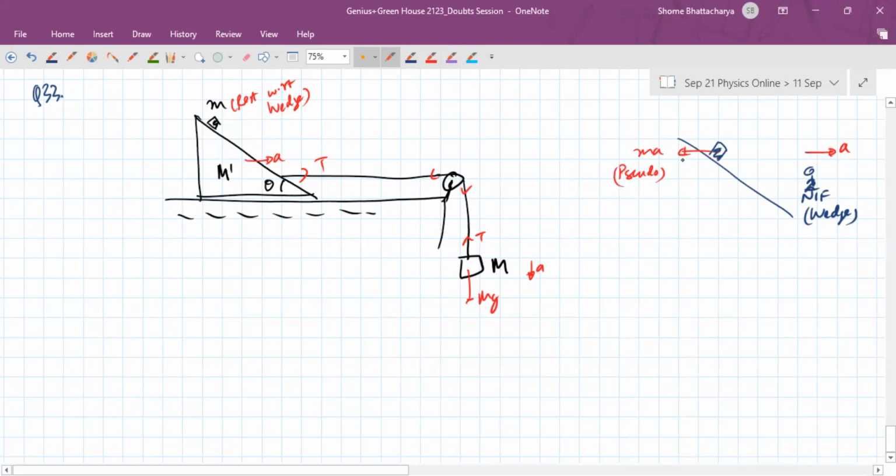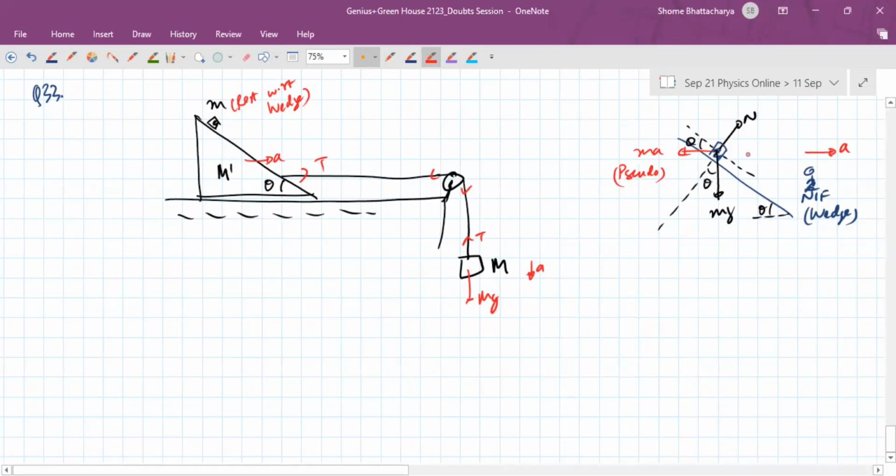Whereas the other real forces acting on it are its own weight mg and the normal reaction like this. Standard, if this angle is theta, then here this angle is theta and here this angle is theta.